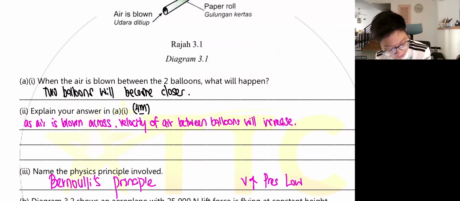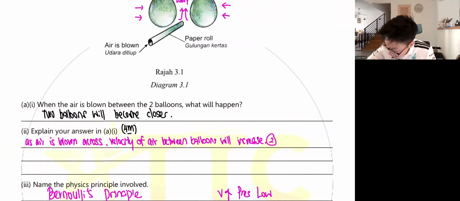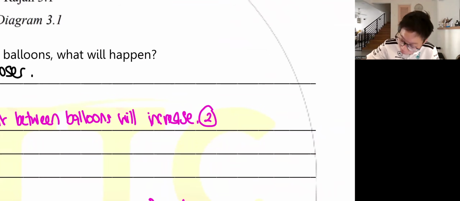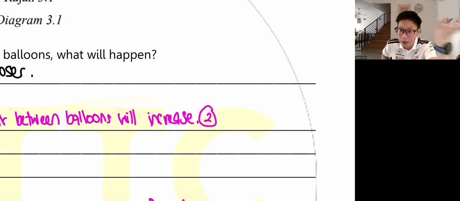Guys, guess what's the second mark I will write? The pressure. Yes, the second one. Because when you link the velocity to the pressure, how do you know the velocity will affect the pressure? You don't know it. It's because Bernoulli said that.